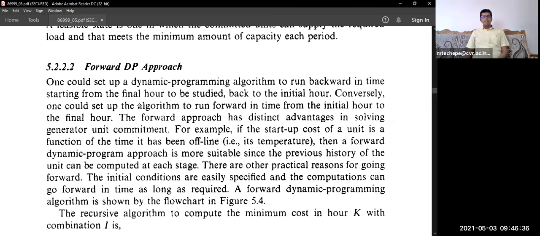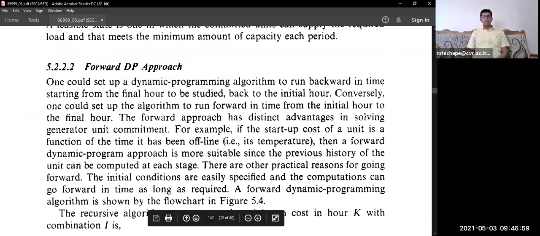So this is the major thing in forward dynamic programming. Forward approach has major advantages in solving generating unit commitment.